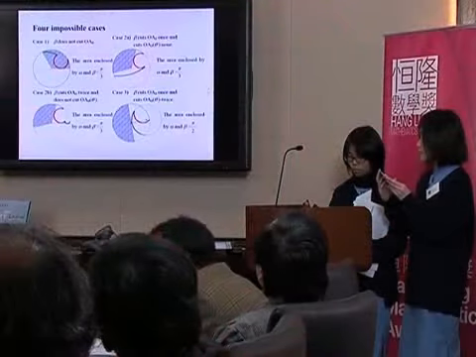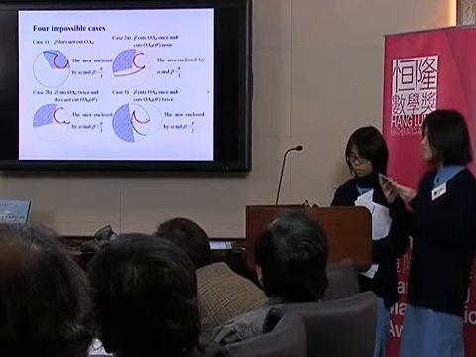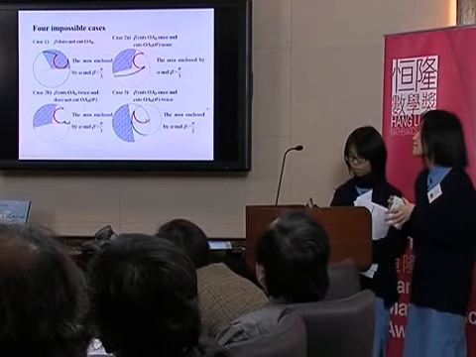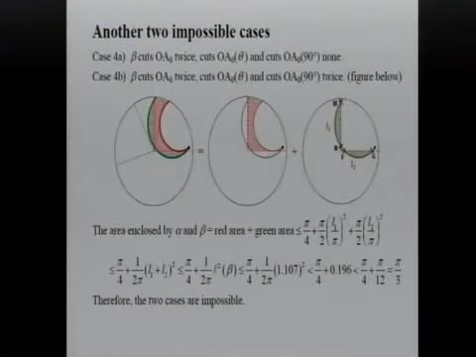We prove statement 26 by contradiction. We consider 5 cases which do not obey this statement. The first 3 cases are shown. The area in these cases must not equal pi over 3. In case 4, beta cuts OA log twice, cuts OA log theta, and cuts OA log 90 degree none or twice.